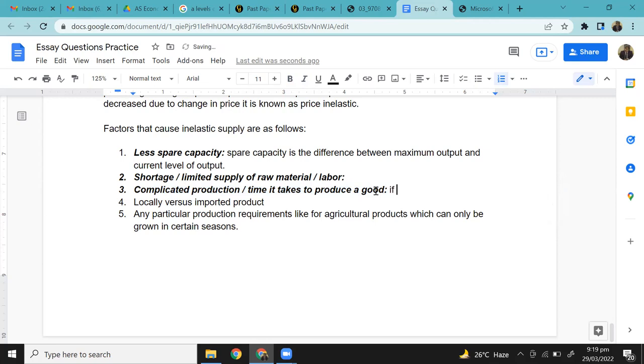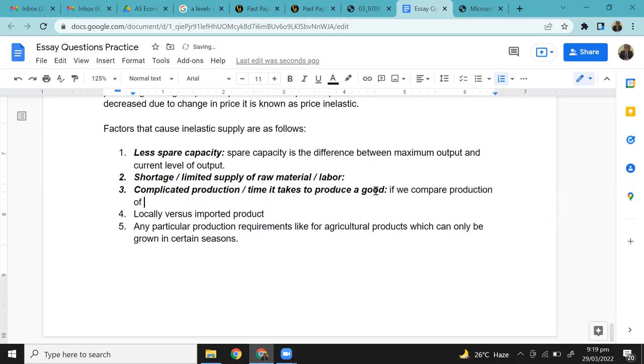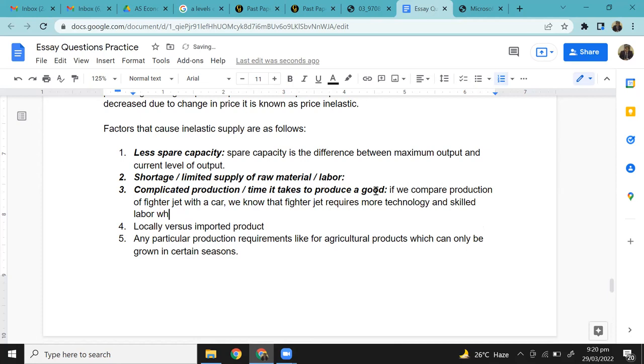So if we compare production of a fighter jet with, let's say, something as simple as a car, a fighter jet requires more technology and skilled labor, which can be difficult to arrange.